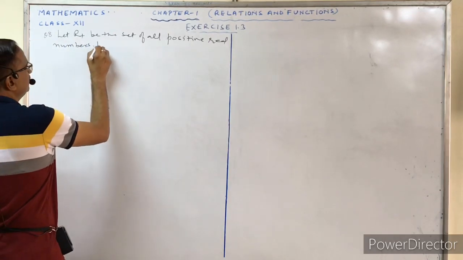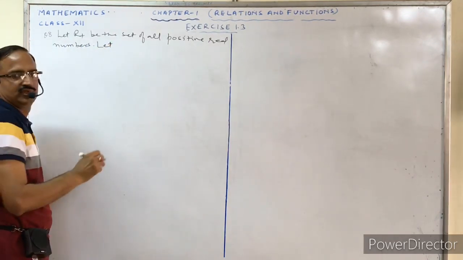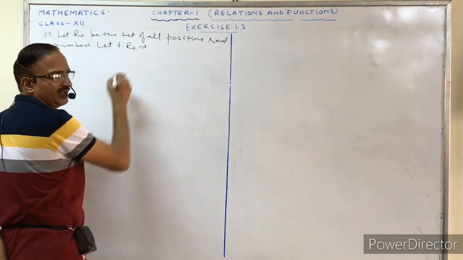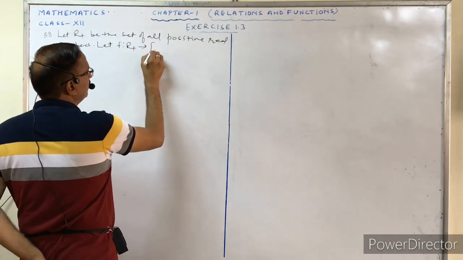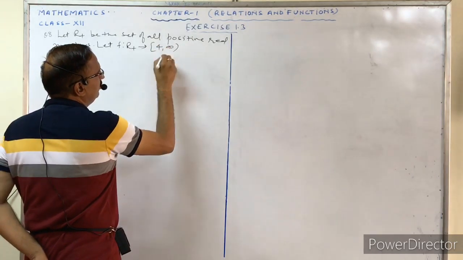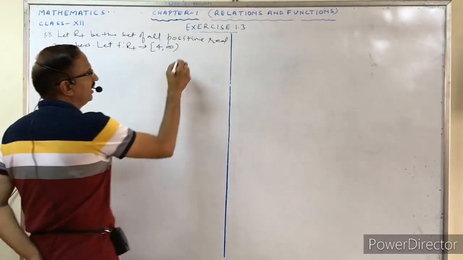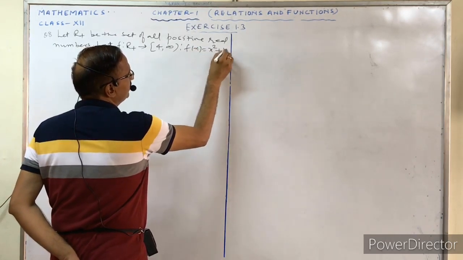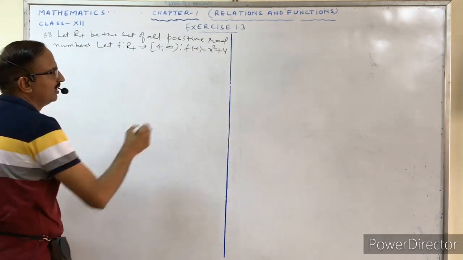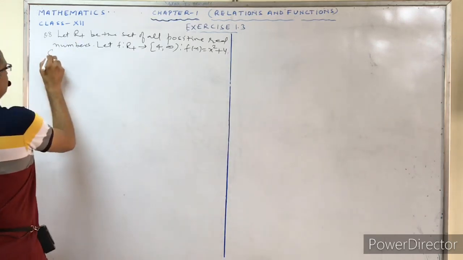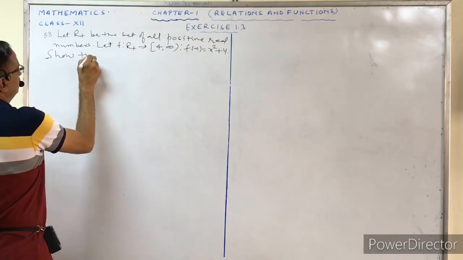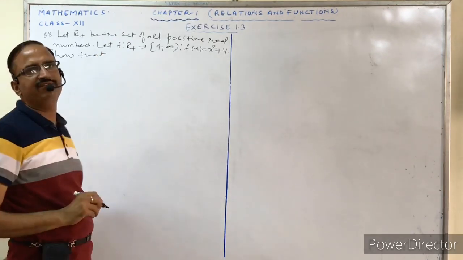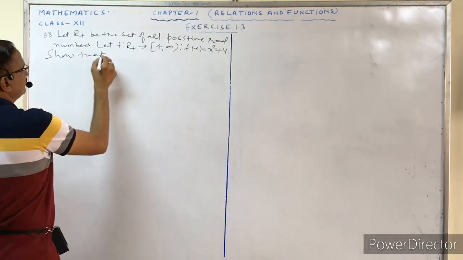Let f: R plus to [4, infinity) be defined by f(x) = x square plus 4. Show that f is invertible and find f inverse.